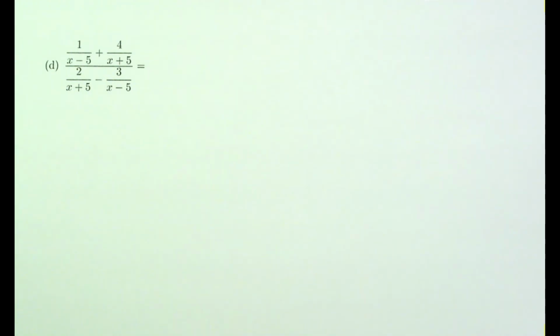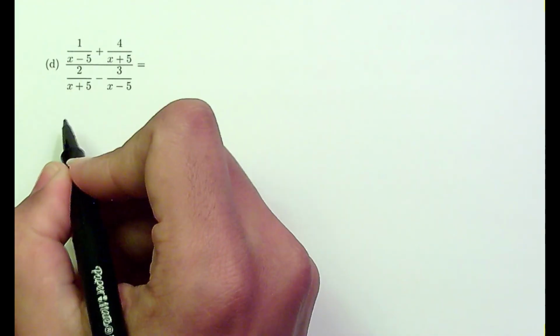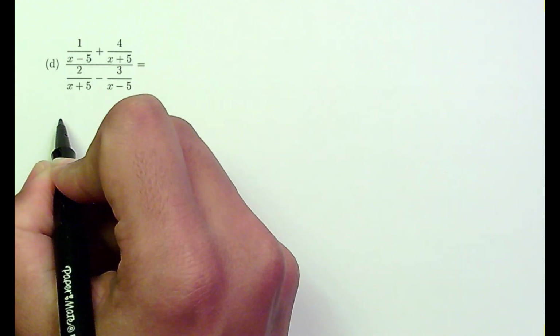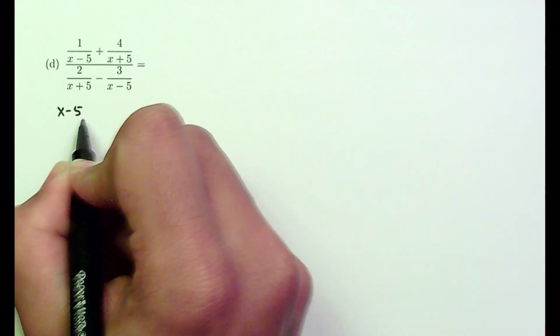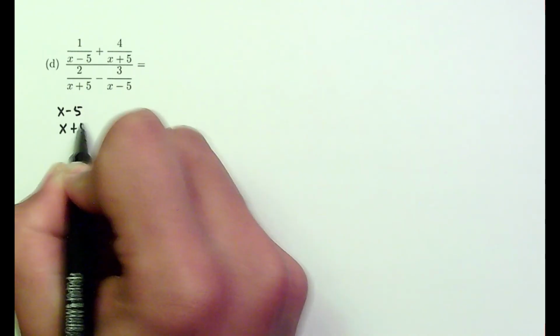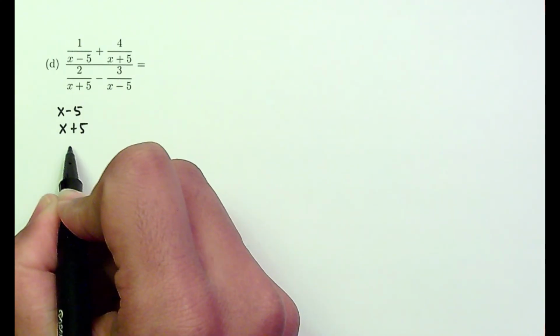Okay, let's list all the different denominators that we see. We see x minus 5. We see x plus 5. You cannot factor these any further. We see a 2 and we see a 3.